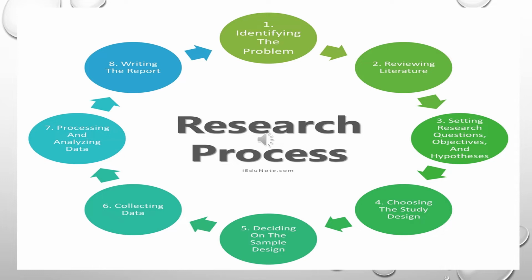And the last one, report writing, is a formal style of writing elaborately on the topic, which means that we explain in detail the work we have done, and everything is included in writing the report.